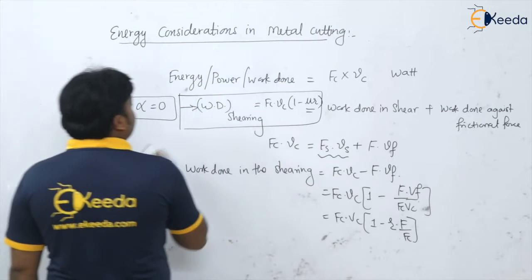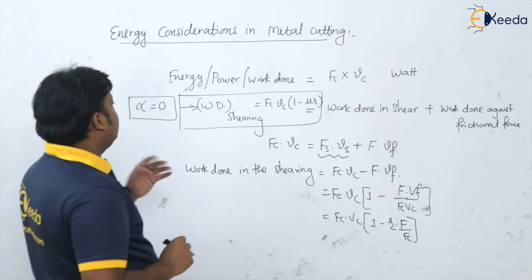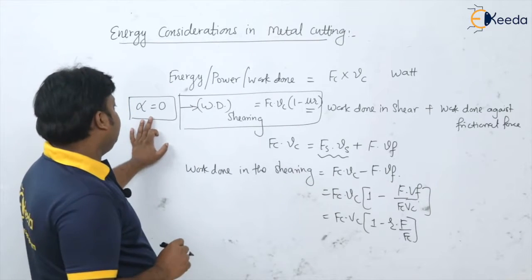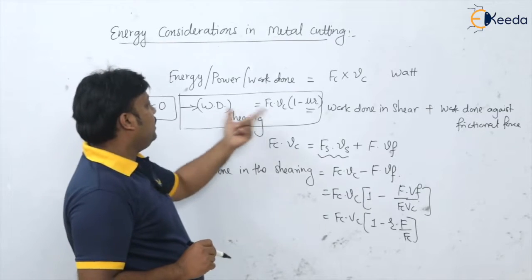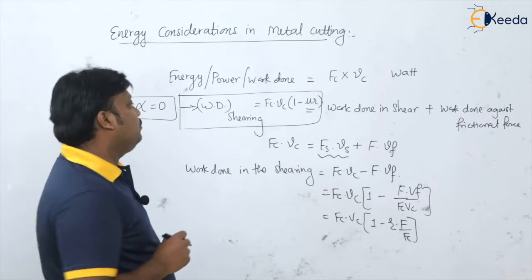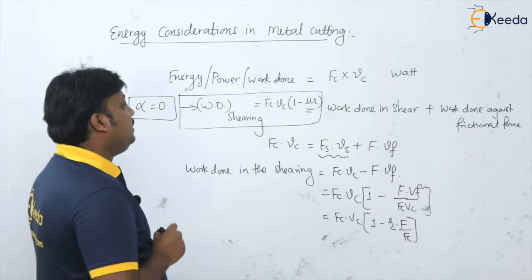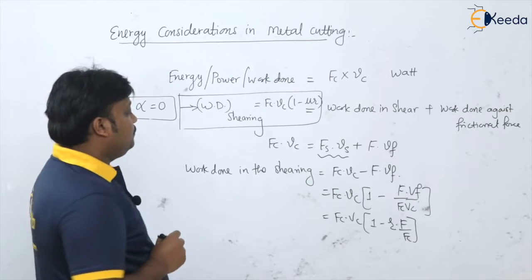What I am saying is, prove that in orthogonal turning operation with 0 rake angle, the work done in shear is equal to Fc into Vc into bracket 1 minus mu r.